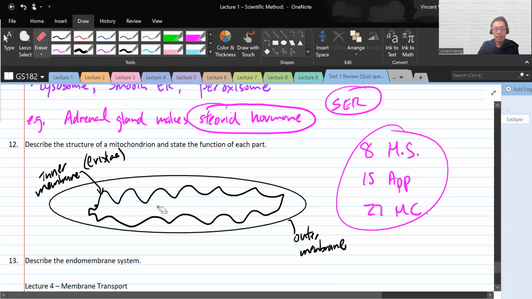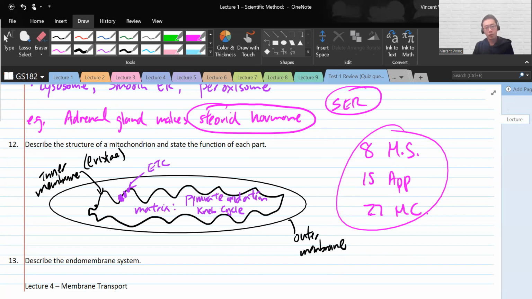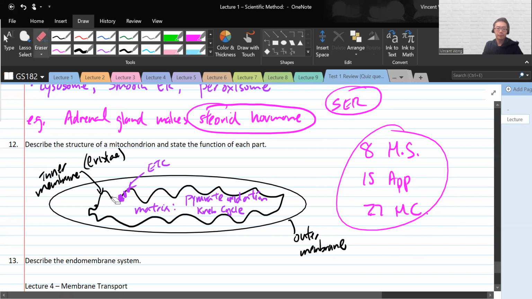Remember, in the matrix is where pyruvate oxidation and the Krebs cycle happen. Embedded in the cristae is where you will have the electron transport chain. When you're studying, you should try to connect different units together. That is the mitochondria right there.